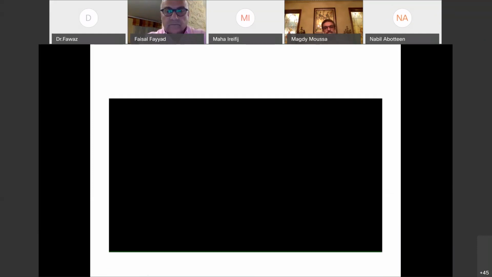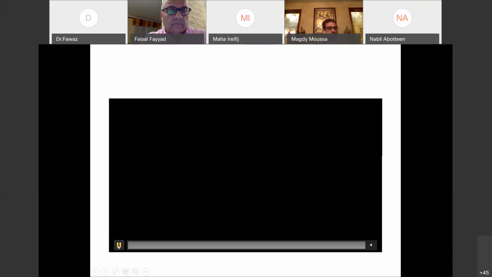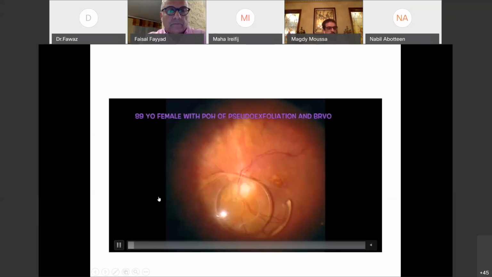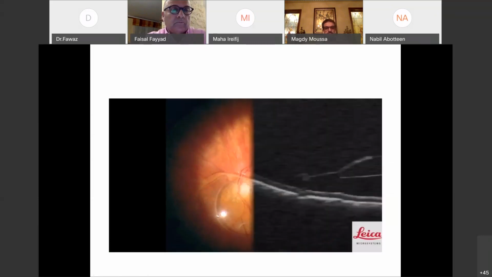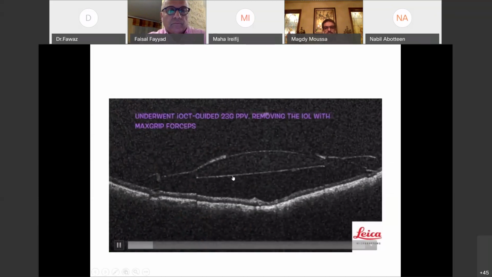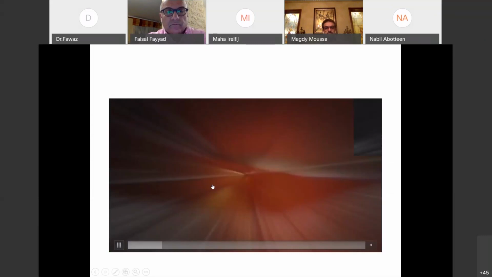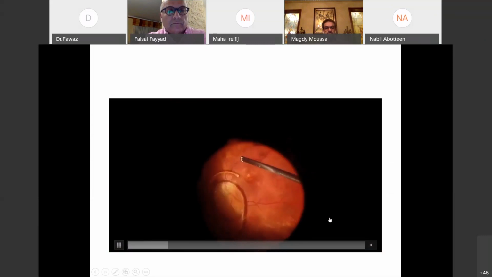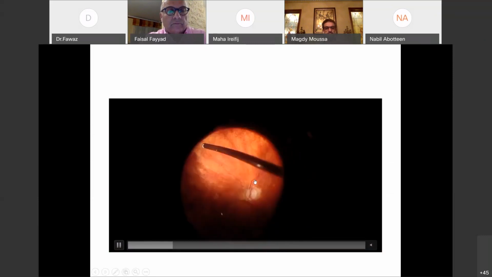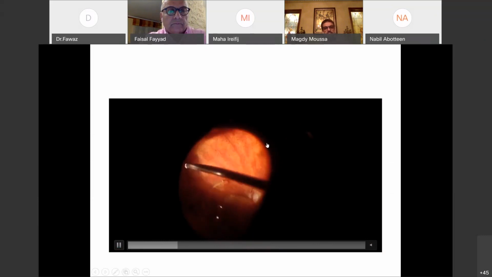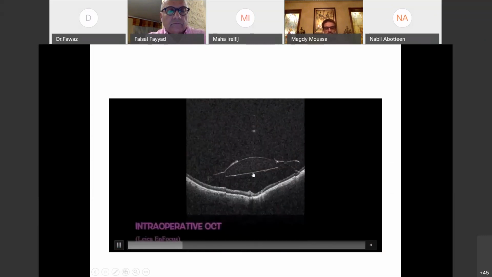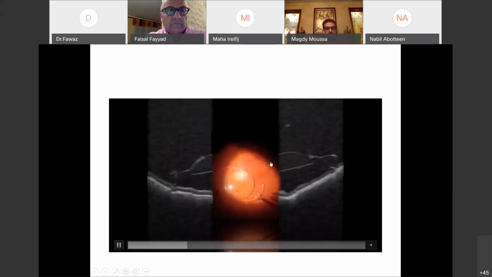And I want to show you a simple movie, less than 1 minute, of a patient with a dropped IOL, and how the screen is seen by the surgeon. This is the dropped IOL, and this is the live OCT during the surgery. This is the surgeon trying to remove it. And this is exactly what the surgeon sees during the surgery.